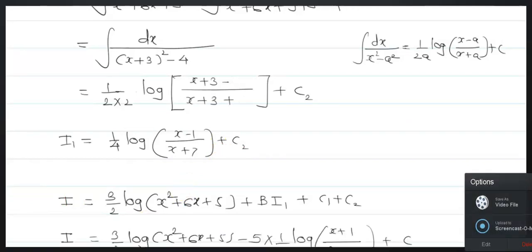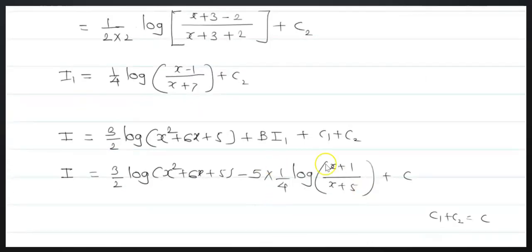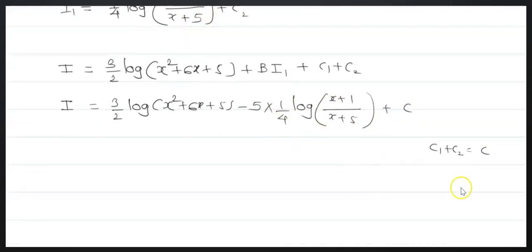Let's change it. There is a 2 now. This is a 2. Therefore, here it is x plus 1, and here it is x plus 5. Therefore, the answer is now correct.